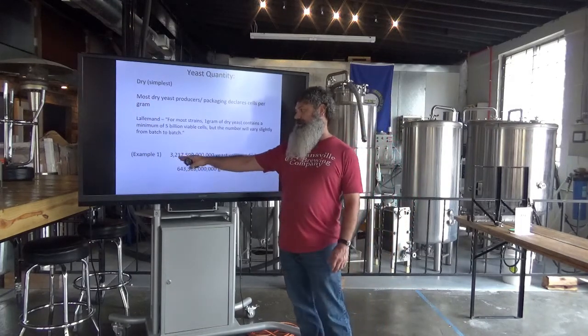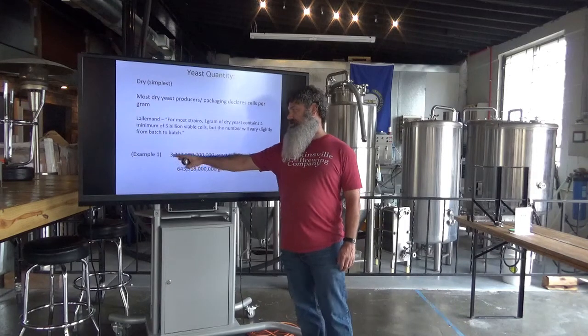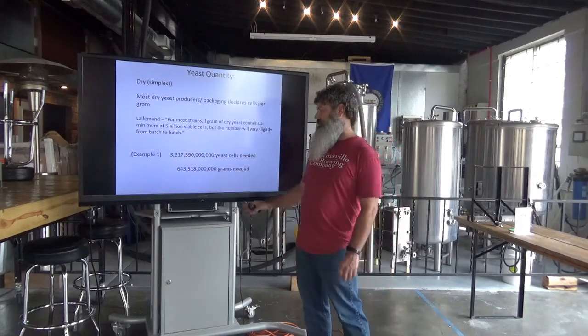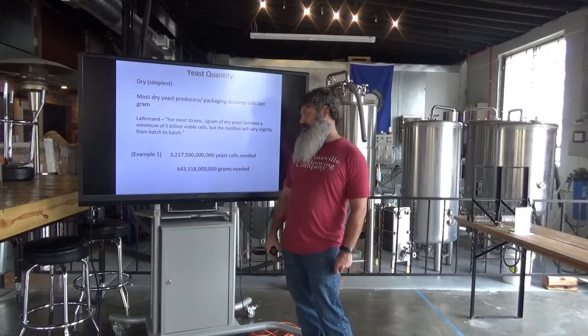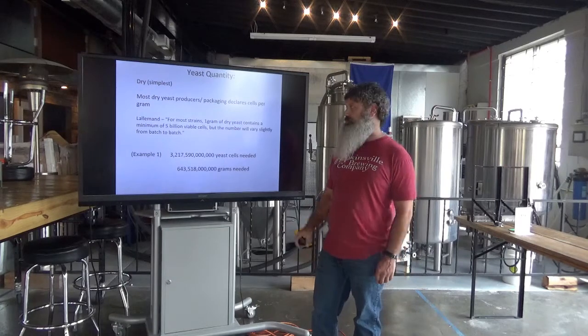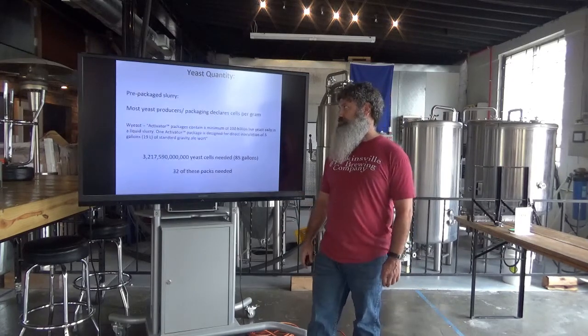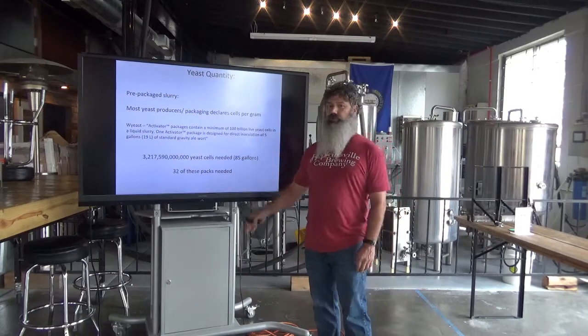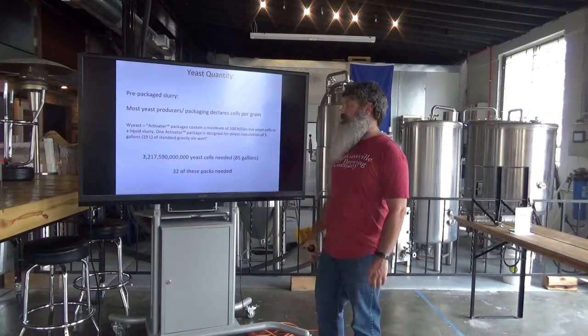So if we needed, like in our first example, 3 trillion yeast cells, we would need 643 grams of dry yeast. Another common method that you'll see is a prepackaged slurry, a wet yeast, if you will.